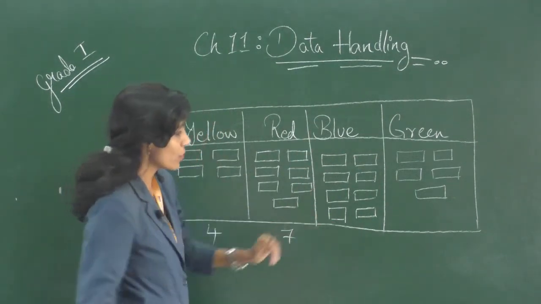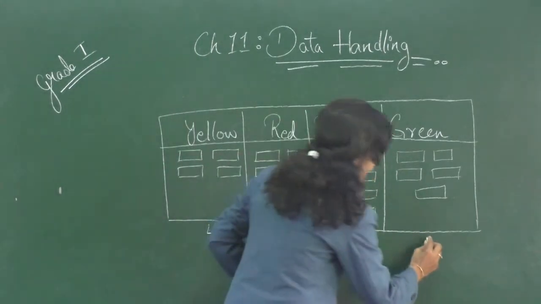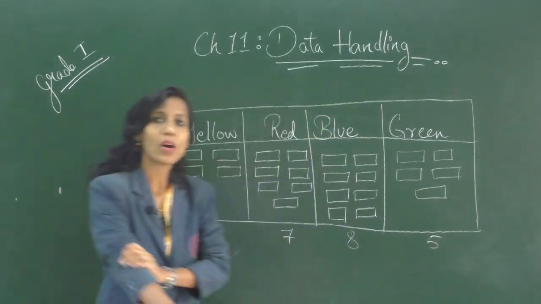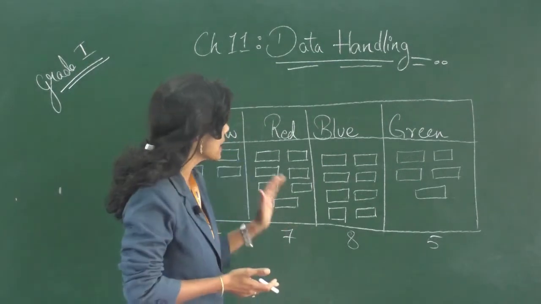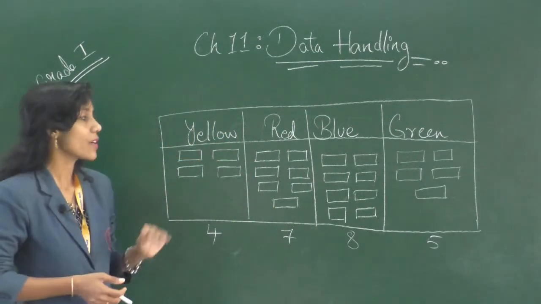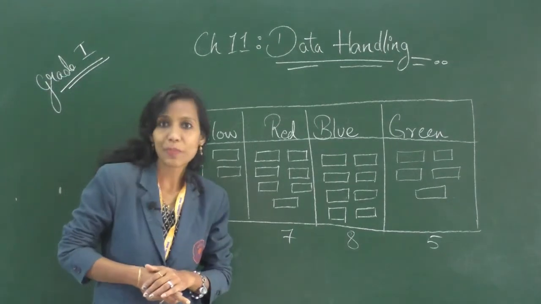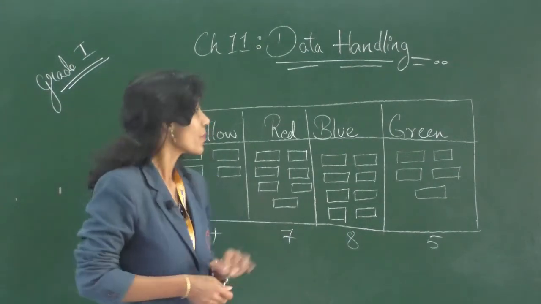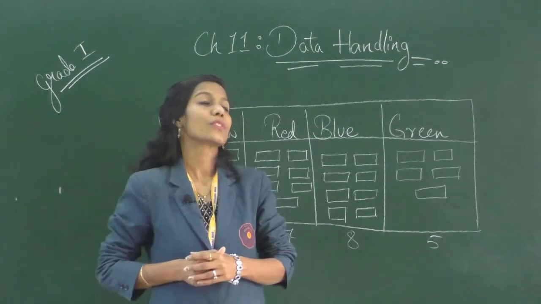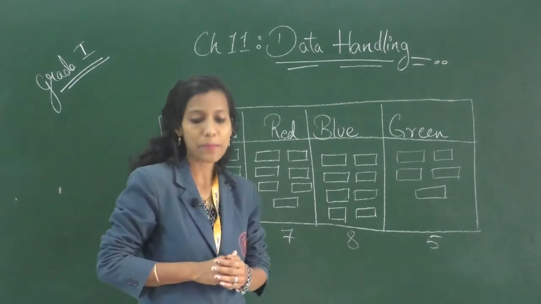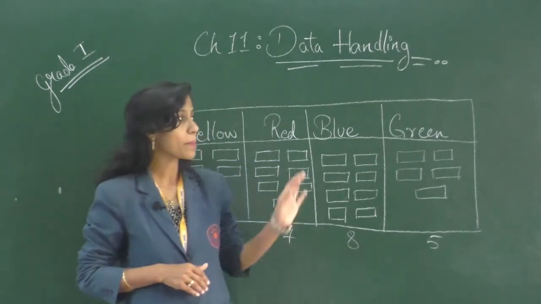For blue we had 8 blocks, and under green we had 5 blocks. So this is a simple way of representing data, the tabular way, one of the ways how we can handle data. So here you saw a simple way how we could represent simple data.